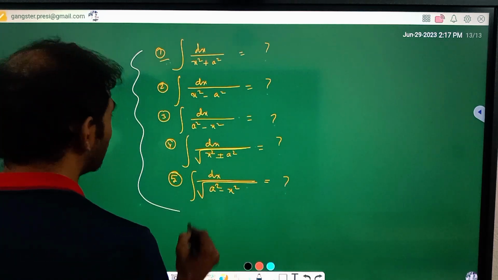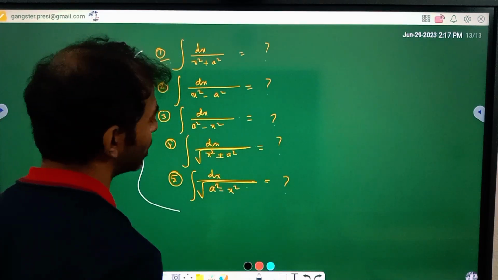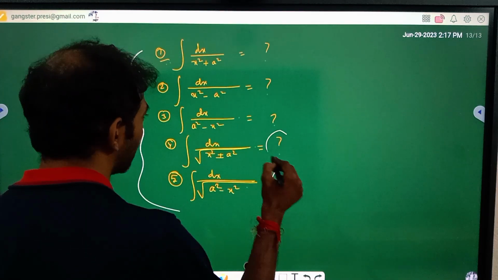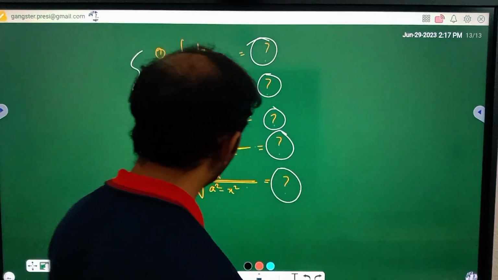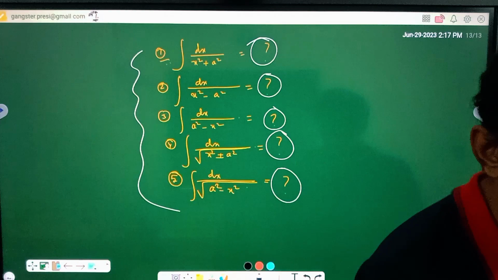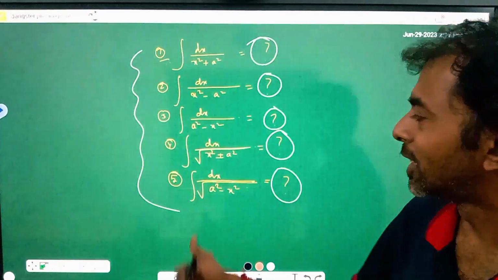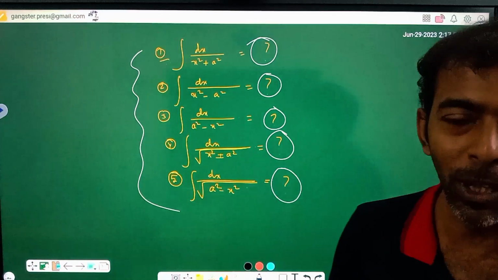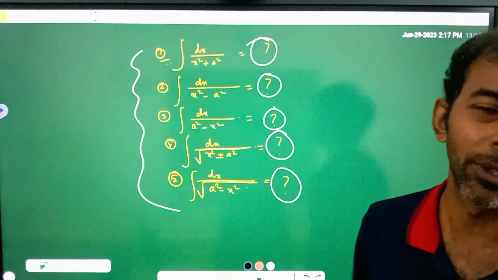I'm going to come with those formulas actually. These are the formulas of the next chapter, and you just need to prove this one by the method of substitution, proper substitution. Just try to solve these 5 problems, and I'm going to come back with these formulas, for proof of these formulas, and also with some techniques regarding the method of substitution.